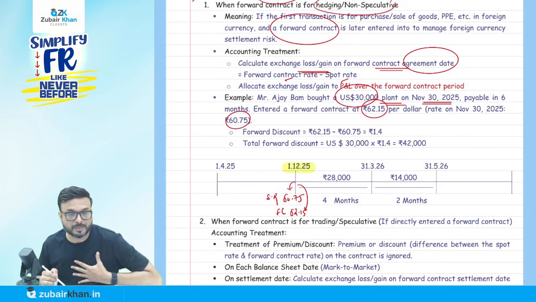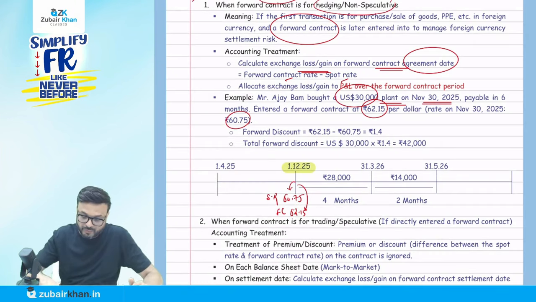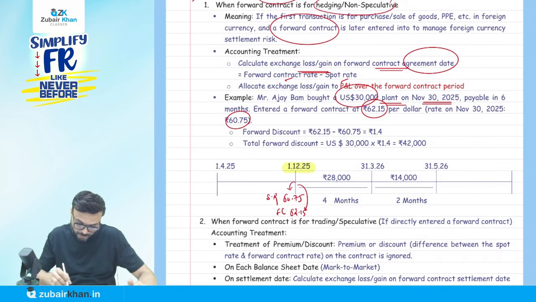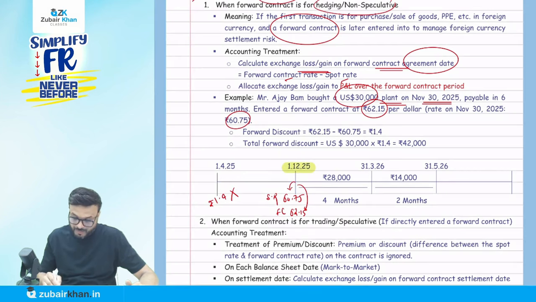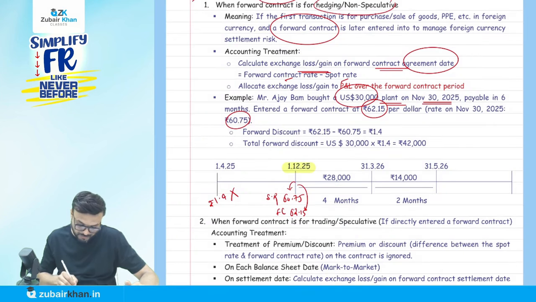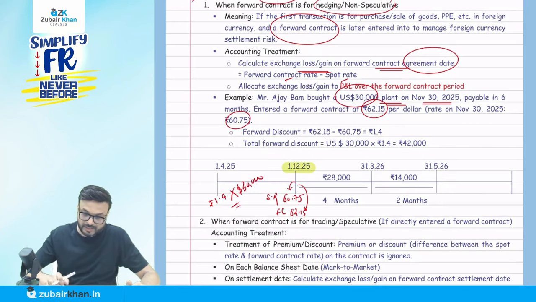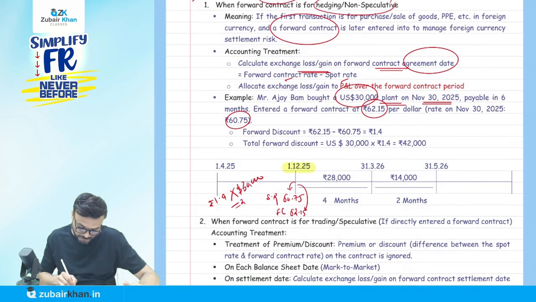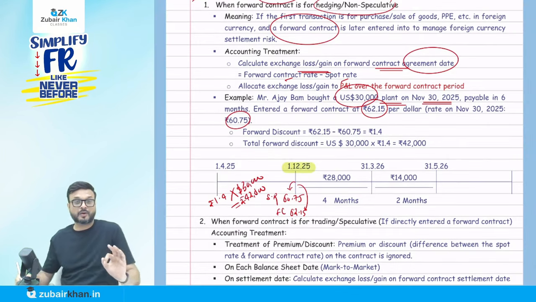I know I am at a loss, but at least I know the amount. 62.15 minus 60.75 is 1.4, so for $1 I am paying an additional 1.4 rupees. Multiply by 30,000, and that comes to rupees 42,000. But we entered into the forward contract for 6 months.